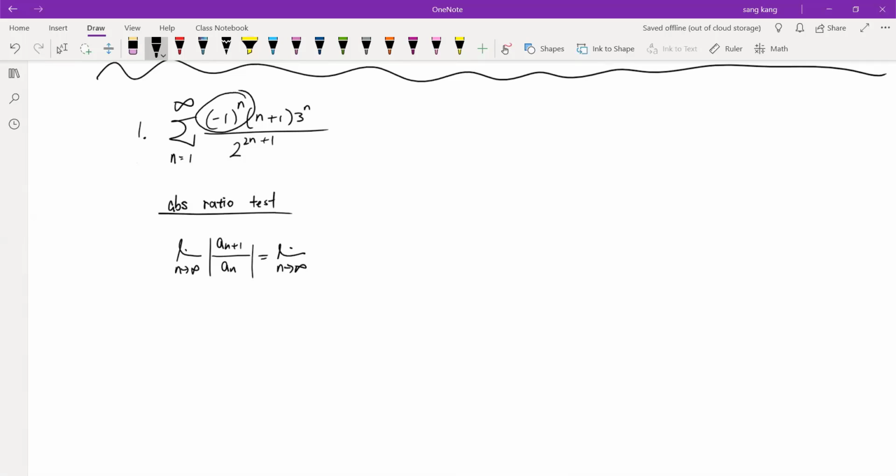So we're going to have n plus 1 plus 1, so that's n plus 2, times 3 to the n plus 1 power, all absolute value, over 2 to the 2n plus 1. So that's stuck in between the 2, so it'll be 2n plus 2, right? And then we have to add this 1, so it'll be 2n plus 3. Is everybody okay with that?